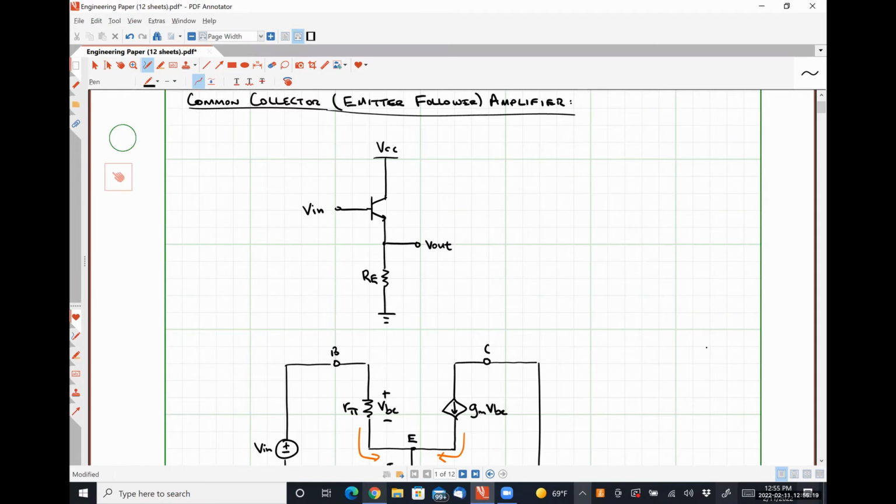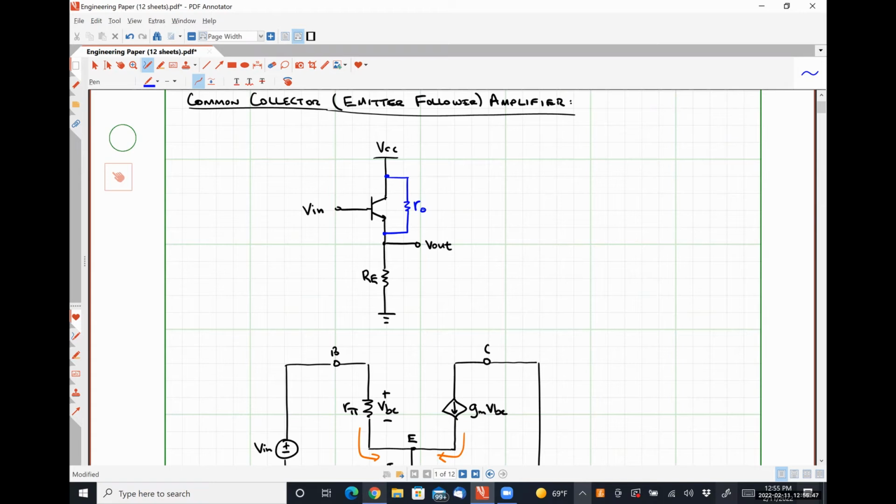Always between my collector and emitter terminals, right? Okay. So if I drew that in blue, that's where my early effect resistance would show up.